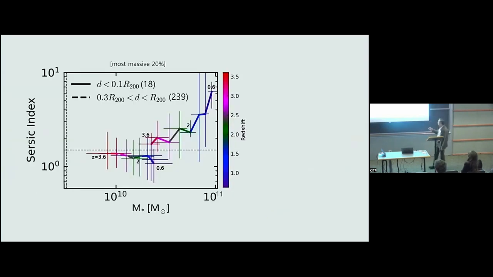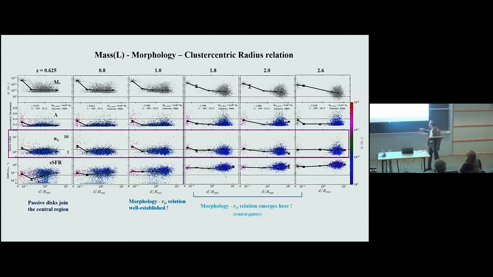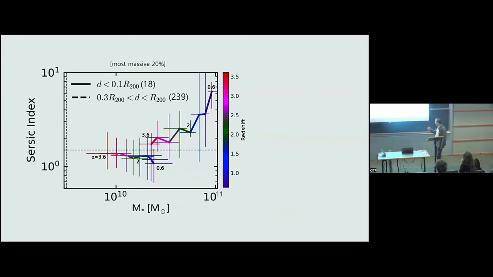Okay, so this is the same kind of plot here. This line is showing the galaxies within 10% of the cluster radius, and the left one was the galaxies at the outskirts of the cluster.